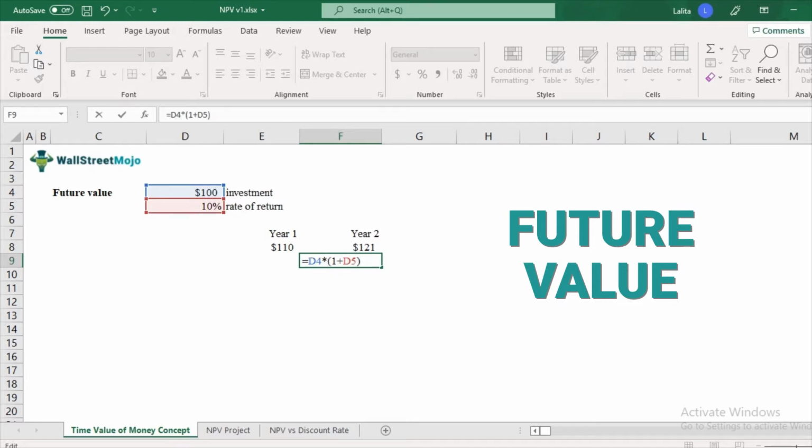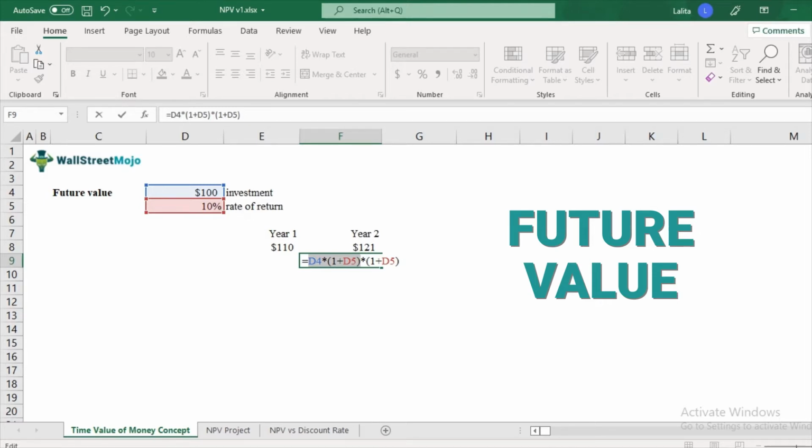And then you increase it by another 10% by writing this formula again, 1 plus 10%, right? So what we are essentially doing is we are saying that this is the value after year one, and whatever is the value after year one, multiply again by this 1.1, that is 1 plus D5. Okay, so that is the value after year two.